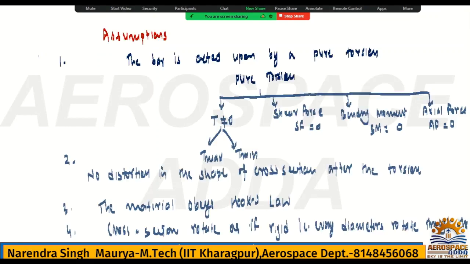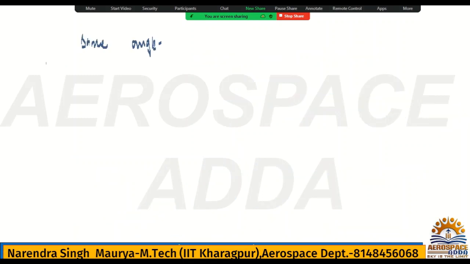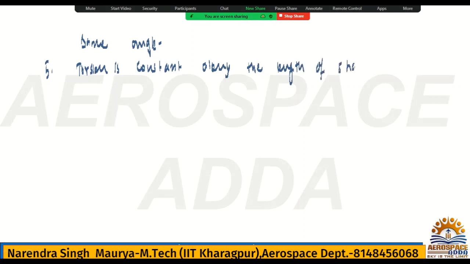Next, fifth, torsion is constant along the length of the shaft.